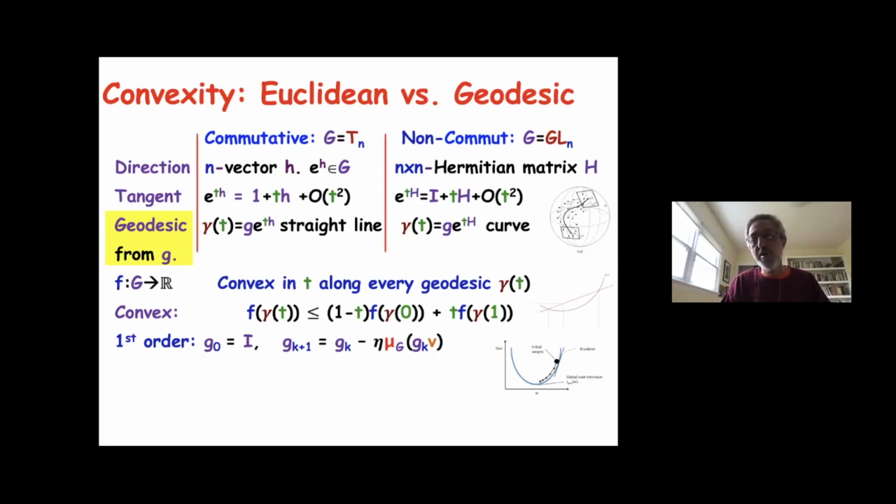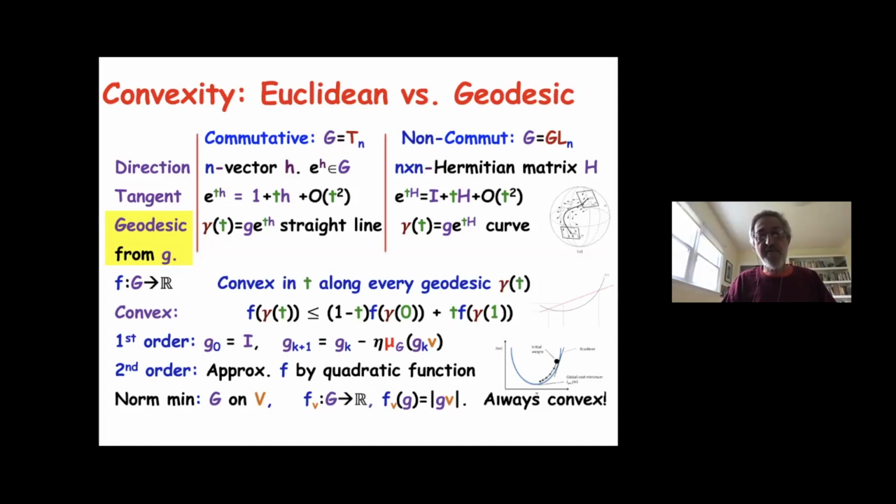You change it, and you get this sequence of steps, as in the picture, that hopefully leads you to the minimum. And there are second order algorithms. If you have access to a second derivative, to the Hessian of the action, then you can approximate your function by a quadratic function and use this to get faster convergence. And there are books and books about them. And of course, you need convex functions, geodesically convex functions.